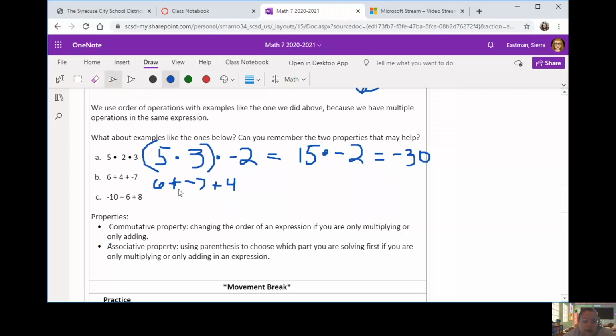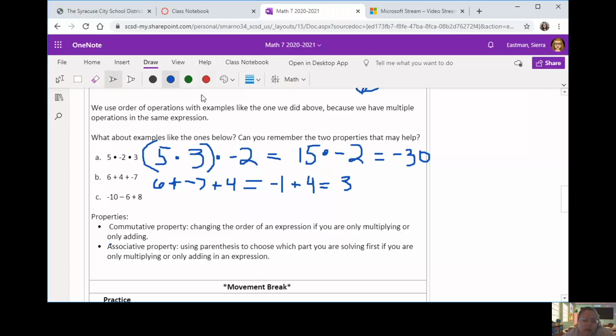And maybe 6 plus negative 7 is a little bit easier because we can automatically see we would have one negative left. We add those, plus 4, which would actually give me 3, which would be positive. I'm only going to use that one on this example. And now let's go down to C.